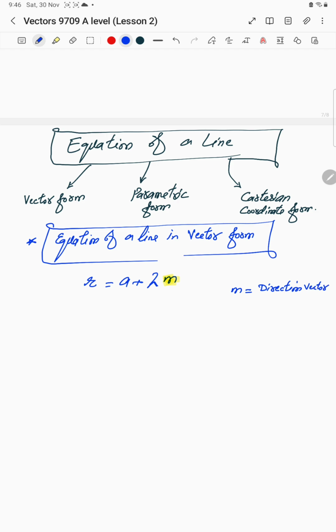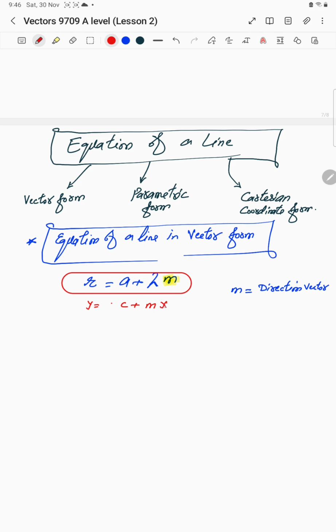As you know, in coordinate geometry we have the equation of a line as y equals mx plus c.